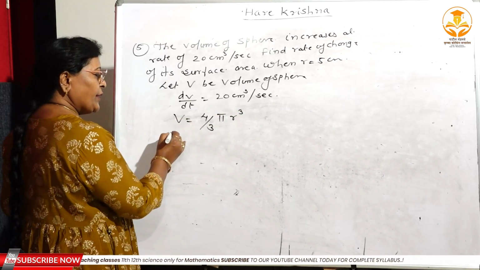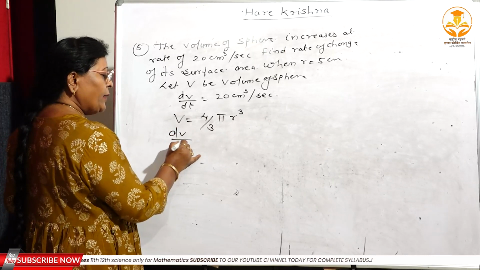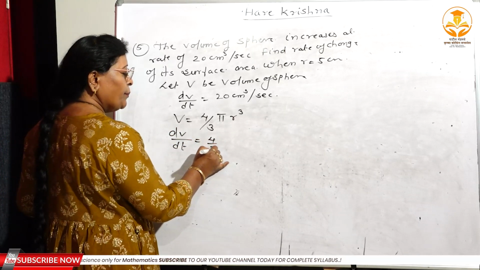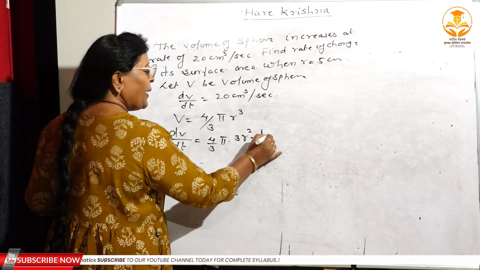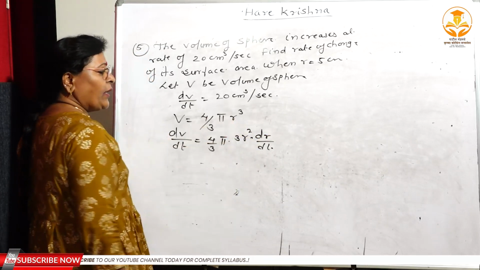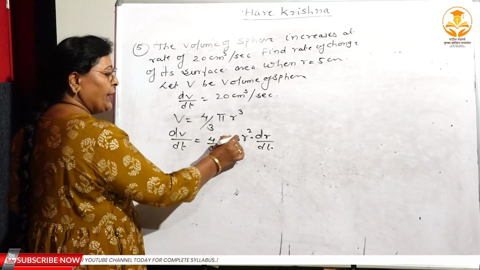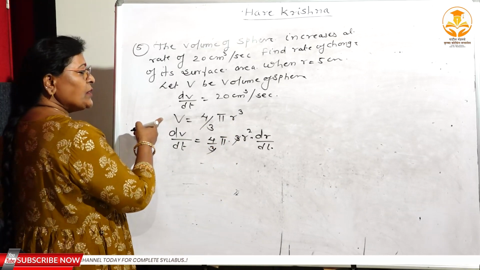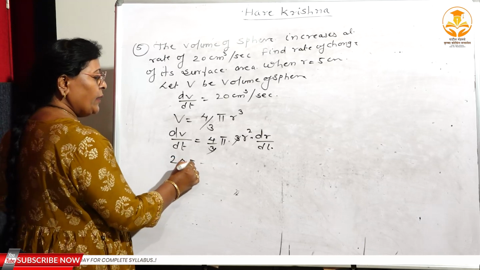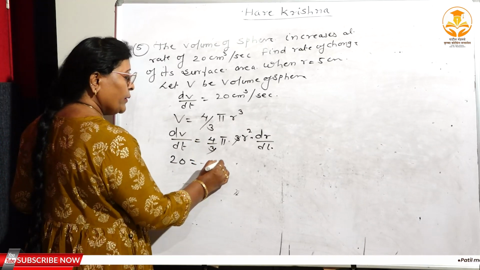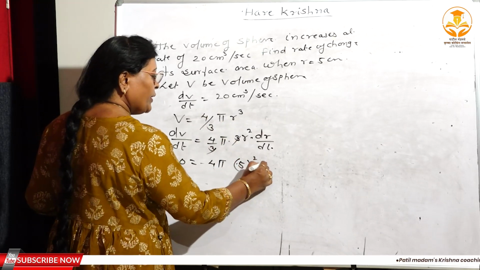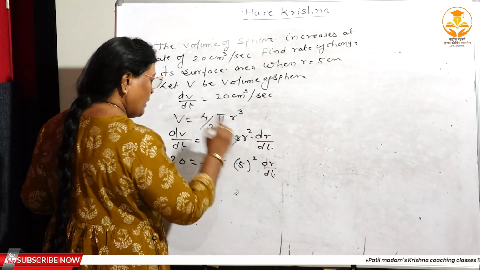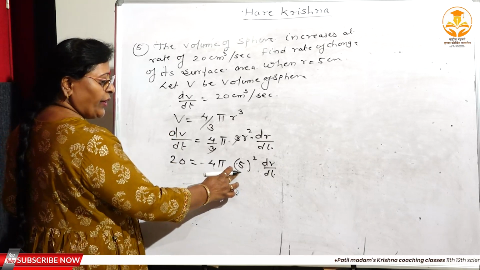Now you can differentiate here. dV divided by dt is equal to 4 by 3 pi, and this is 3r square into dr by dt. The derivative of r cube is 3r square, and into dr by dt, isn't it? So what is dV by dt? 20, and here 4 pi. What is r? They have given 5 square dr by dt, isn't it? Therefore here again, this is 25.